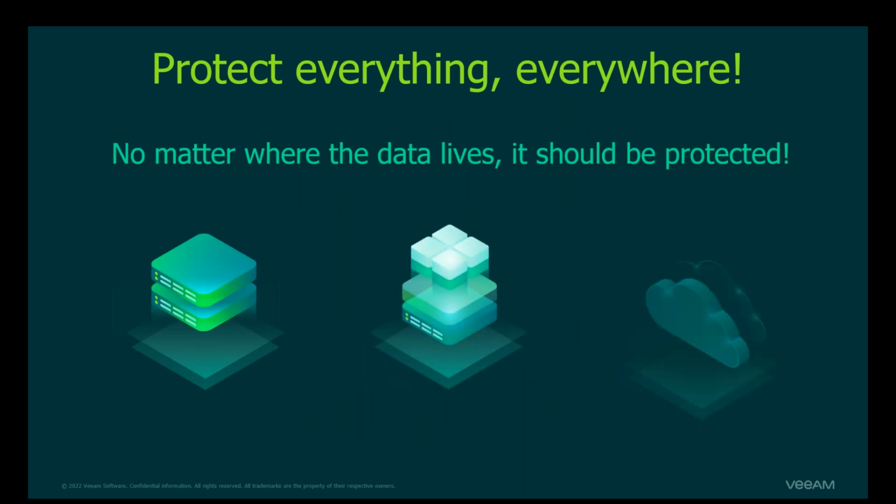So what we are saying on this slide is that you need to protect everything which is either on a physical environment, or on a virtualized environment, or maybe on cloud. When we talk about physical environment, it could be Windows, Linux, Unix flavors, many multiple distributions of these flavors.